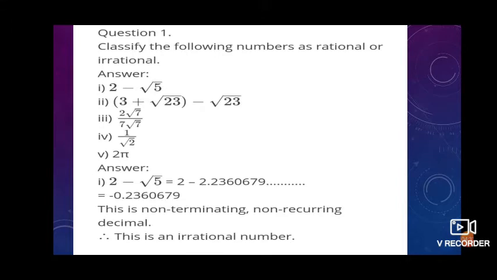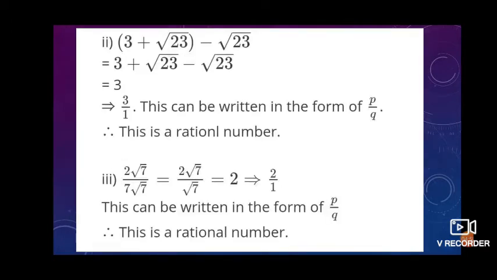For that only, the explanation they are giving here: 2 minus root 5, the value of root 5 is 2.236067999 and it will keep on going. So if we subtract that, we will get 0.2360679. It will also keep on going, children, which is a non-terminating, non-recurring decimal. So this is an irrational number.